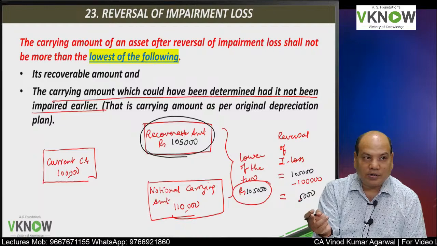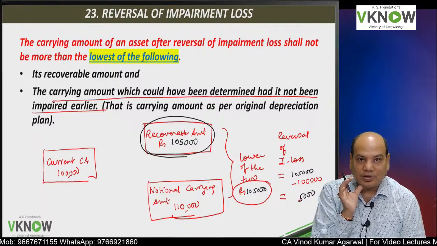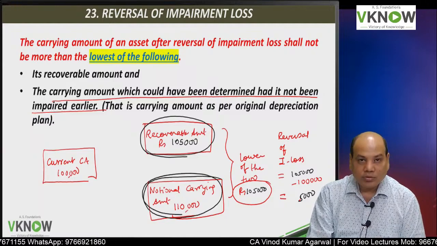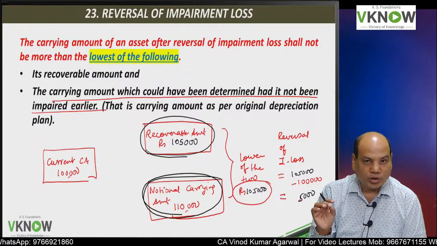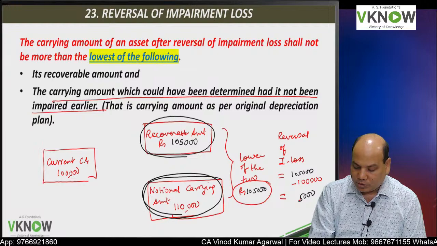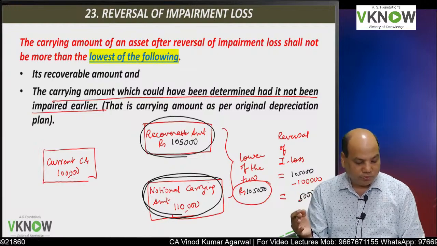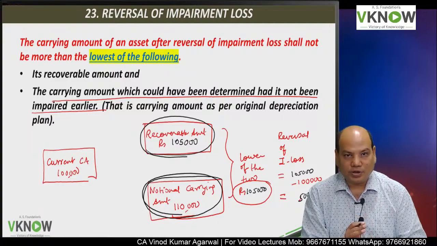You can't exceed recoverable amount, because the moment you exceed recoverable amount, again you have to provide impairment loss. At the same time the standard says you can't exceed the notional carrying amount, that is the carrying amount you would have determined if there was no impairment loss. If you want to exceed the notional carrying amount, then you have to apply Accounting Standard 10 for revaluation.